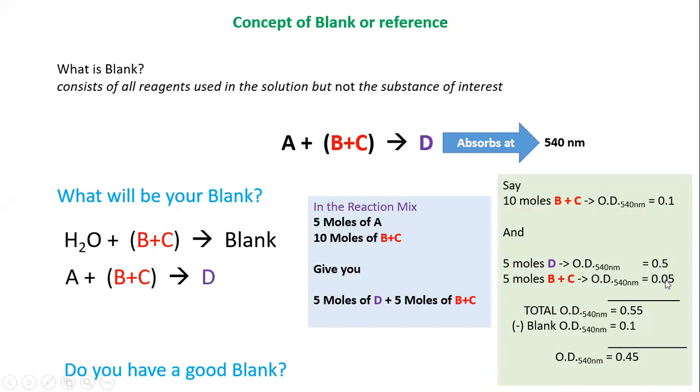So 0.2 plus 0.08 would be 0.28, out of which you will negate 0.1. So what will be the result that you will be getting? 0.18, right? So is it somewhere near to 0.2? Compared to 0.45, it is nearer to 0.2, right?